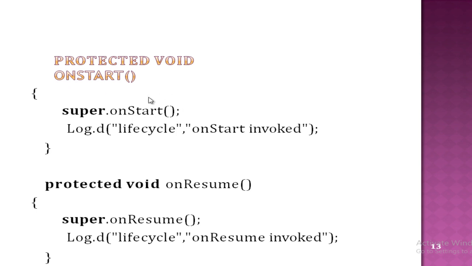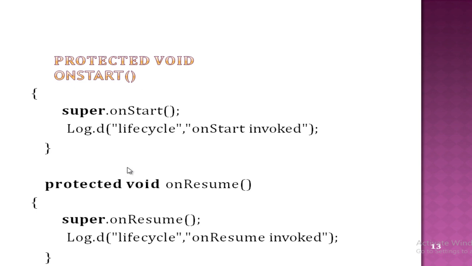Whenever it is called, we write Log.d "lifecycle: onStart invoked". Then protected void onResume method, super.onResume, Log.d "lifecycle: onResume invoked". Okay, so here it is about the onStart method and onResume method.